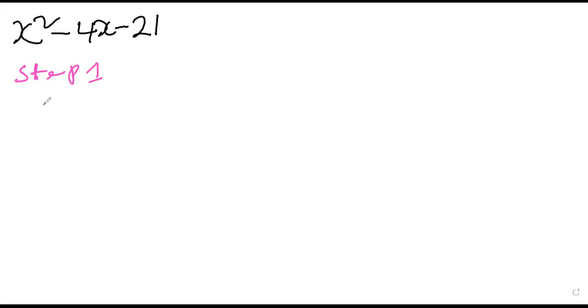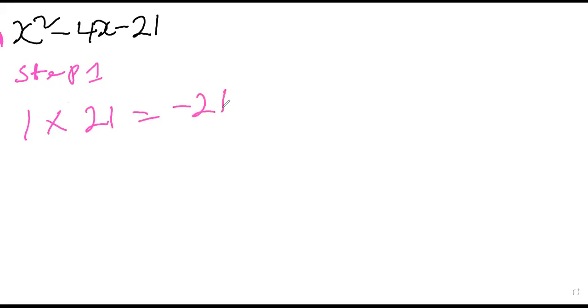So we're taking the coefficient of s squared multiplied by the constant, which is minus 21. The coefficient of s squared is 1, so there's 1 in front of this s. So 1 times minus 21 is going to give us minus 21.